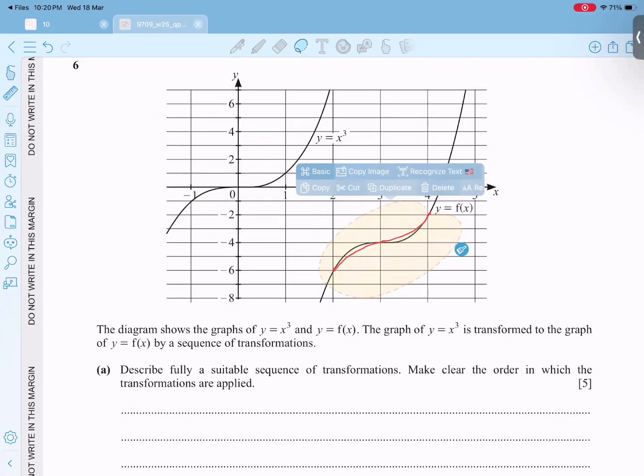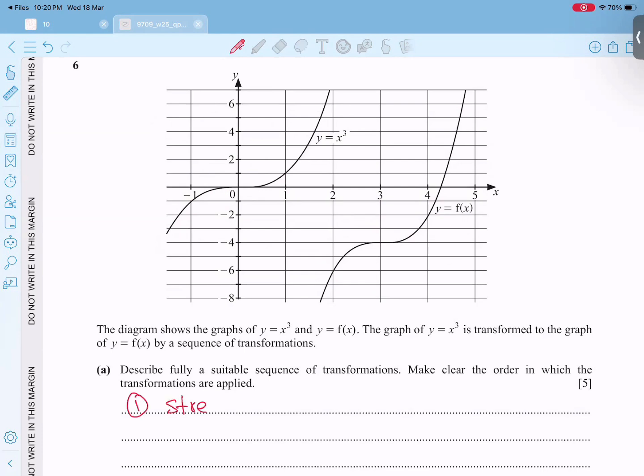So I can tell you easily, because we have to explain both. Number one, a stretch parallel to the y-axis, with stretch factor 2.